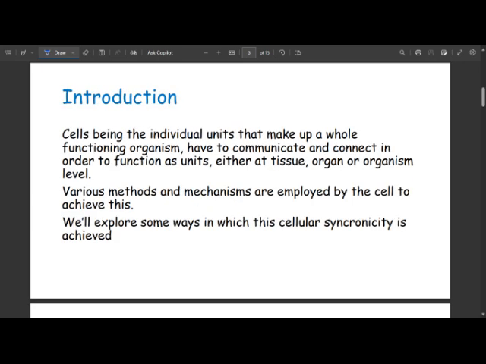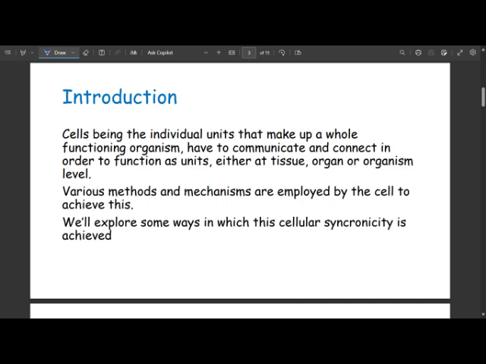So you know that cells, being the individual units that make up the organisms that we all see, have to communicate one way or another. Some of these cells actually have to function as units, as you're able to see in some tissues and some organs as well. So that level of communication, that synchronicity, so to say, has to be built up.